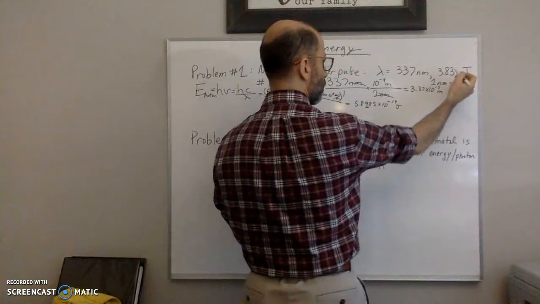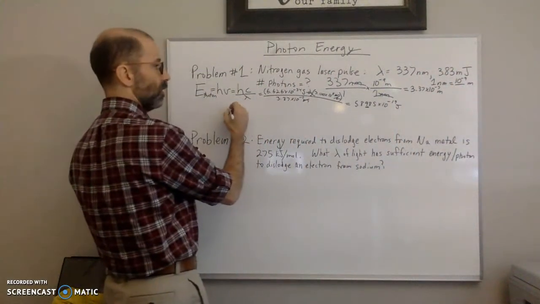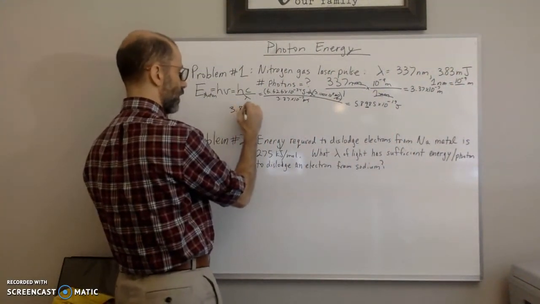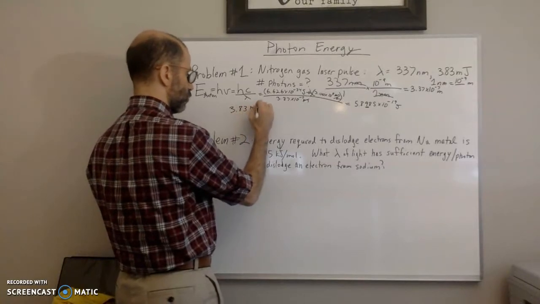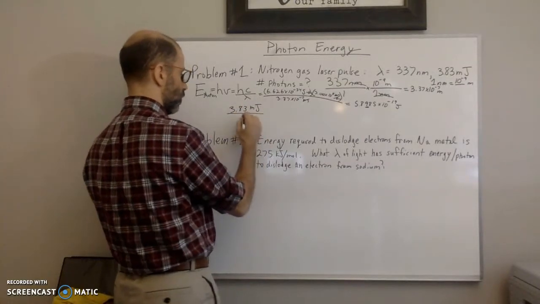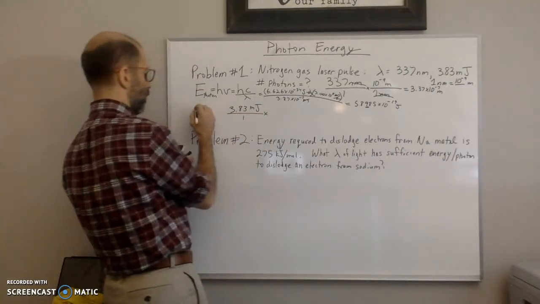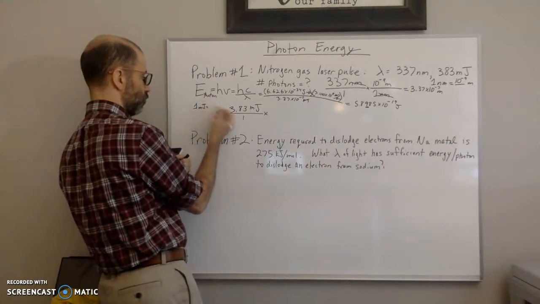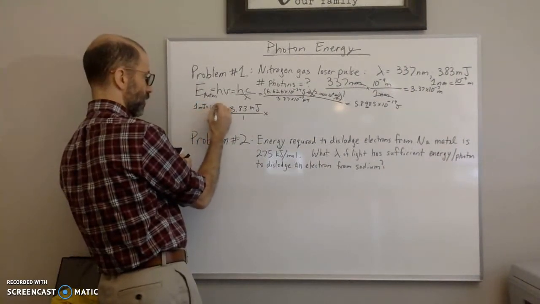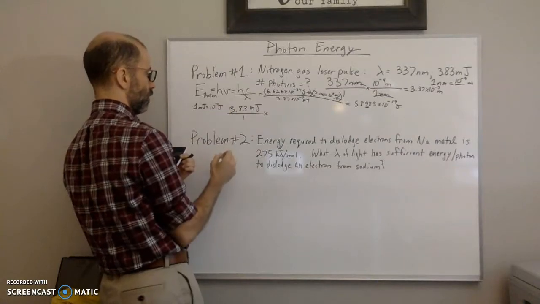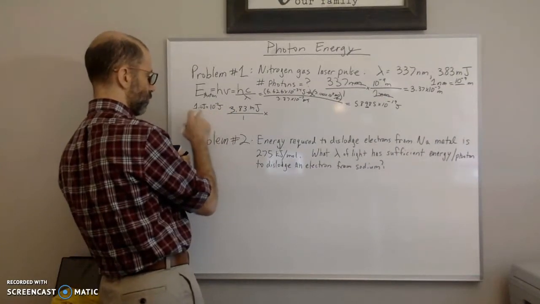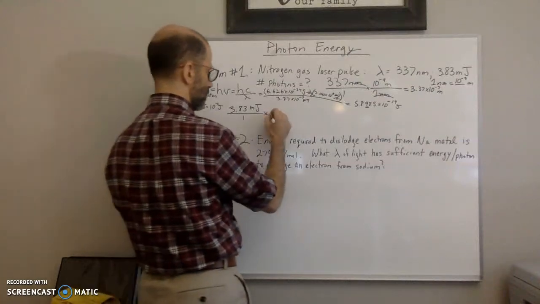I need to convert millijoules to joules. So my total energy is going to be converted. So 3.83 millijoules over 1. 1 millijoule is equal to 10 to the negative 3 joules, right? So 1 with the prefix, 10 to the negative 3, the prefix multiplier with the base unit.